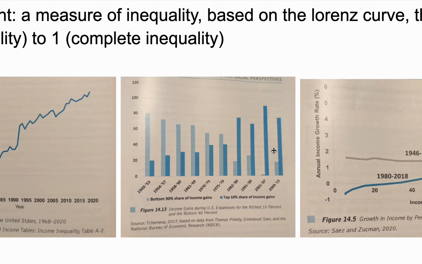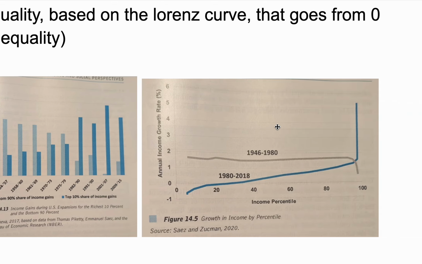Their income is rising way faster than poor people recently, but it used to be different before. It used to be that their income growth wasn't as high as the percentage increase in the income for the bottom 90%. So this is another way to show inequality. Rich people are getting richer at a faster rate than poor people or the middle class.